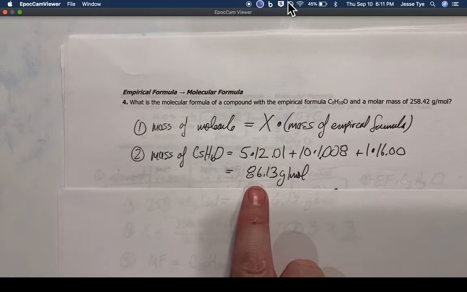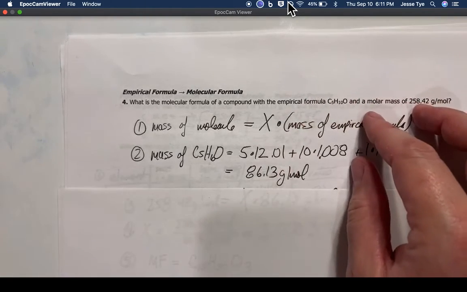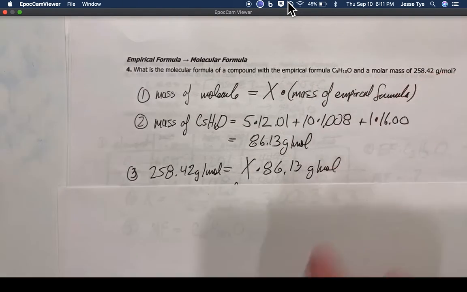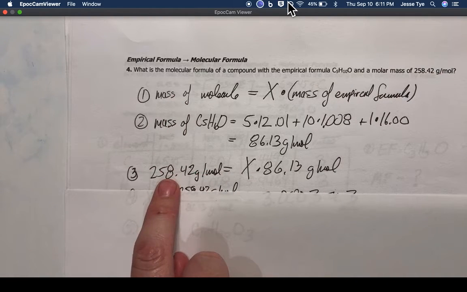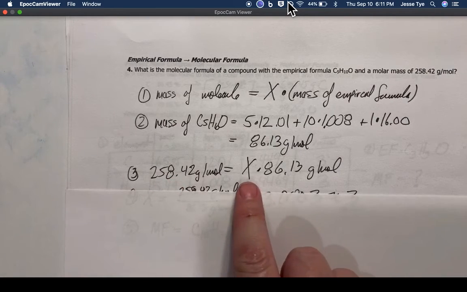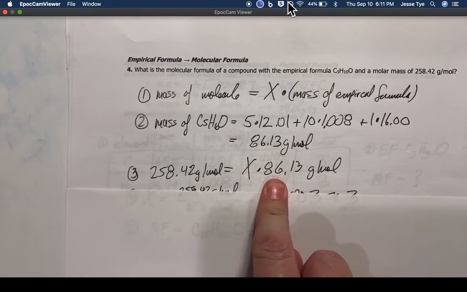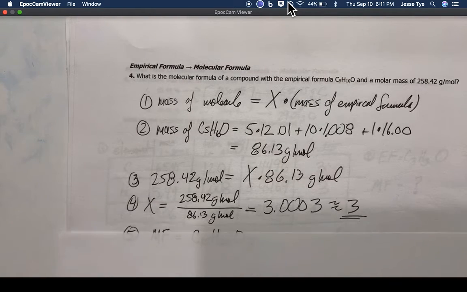So the empirical formula mass is 86.13. Now I'm just going to fill my data in here. The mass of the molecule was given, 258.42, and that's equal to x, some integer, times this 86.13, the mass of the empirical formula.